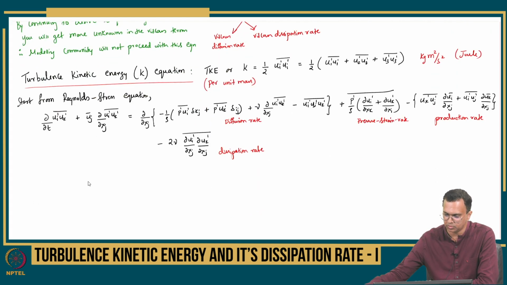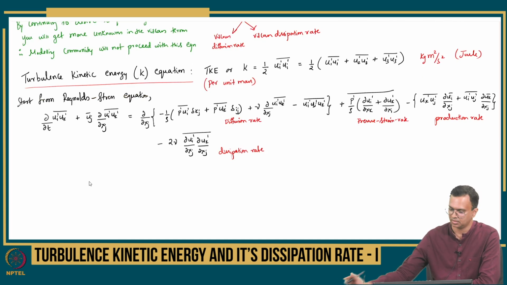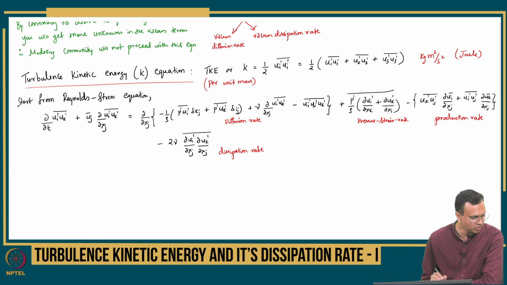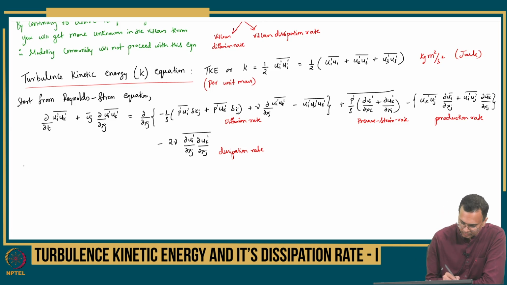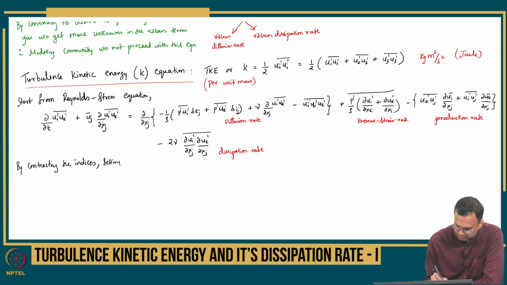Now all we have to do to derive the so-called turbulence kinetic energy equation is contract the indices, setting i equal to k. So by contracting the indices, setting i equal to k, what do I get?